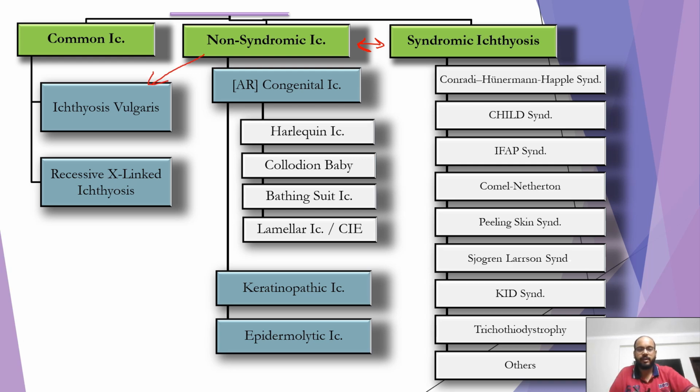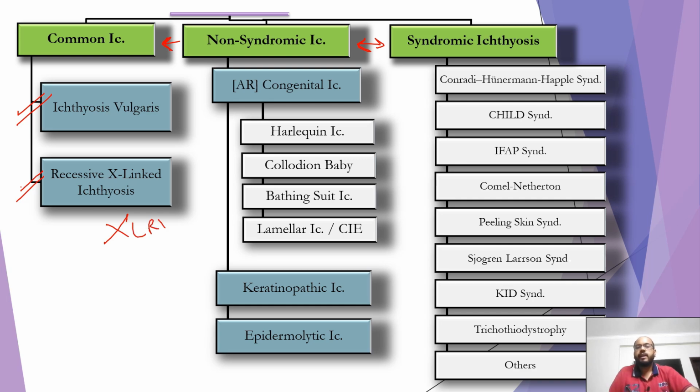So let me make this again. You have a subclassification of common ichthyosis. Here I put it separate because these are the important ichthyosis that you should understand during residency. So in non-syndromic ichthyosis, you have common ichthyosis. In common ichthyosis, you have Ichthyosis vulgaris and recessive X-linked ichthyosis, or X-linked recessive ichthyosis, XLRI.